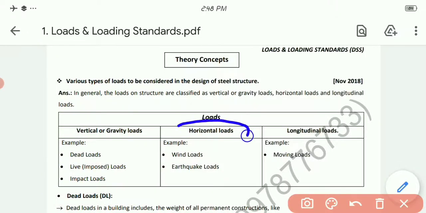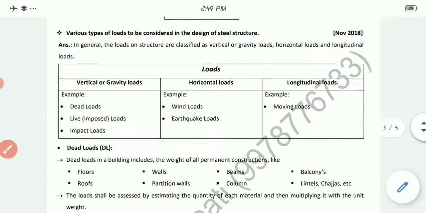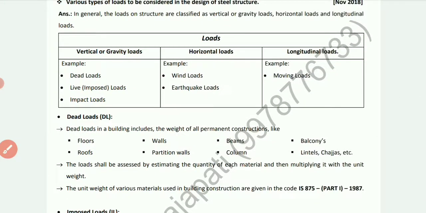Then the second category is horizontal load. The loads which act in the horizontal direction are known as horizontal loads. Examples are wind loads and earthquake loads. And an example of the longitudinal load is moving load. Now let's discuss these kinds of loads in detail.